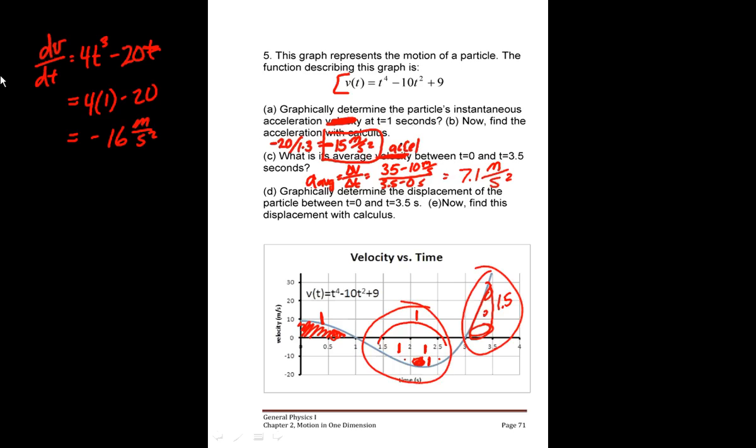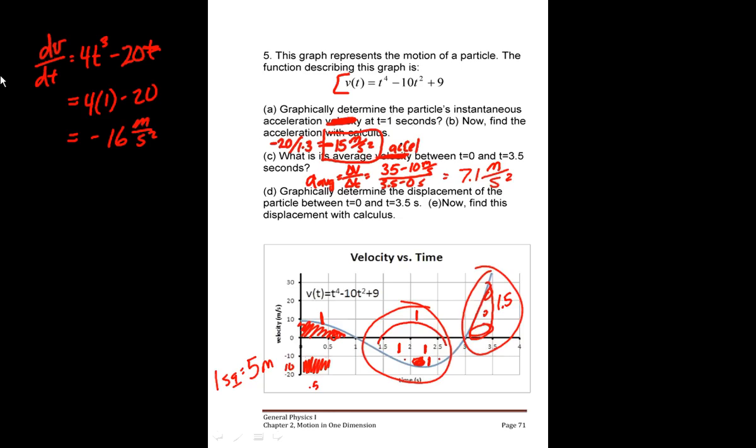Now, each square corresponds to a certain area. If I look at one of these squares, I have 10 on this side, 0.5 on this side. So 1 square is equal to 10 times 0.5, which is 5 meters. So an area under the graph of 1 square means that your object has traveled 5 meters.